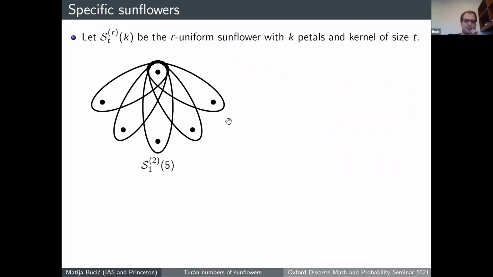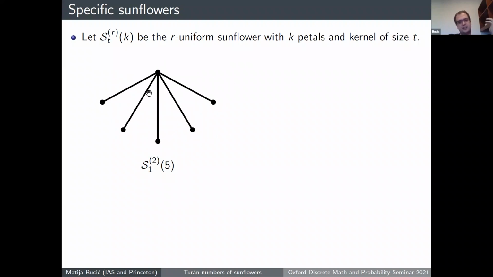And in general, for this talk, it's going to be better to think of these sunflowers as hypergraphs. A hypergraph is just a different name for a family of sets that comes with some additional useful notation. So for example, sets in a set family are called edges in the hypergraph, and elements of the ground set are called vertices of a hypergraph.